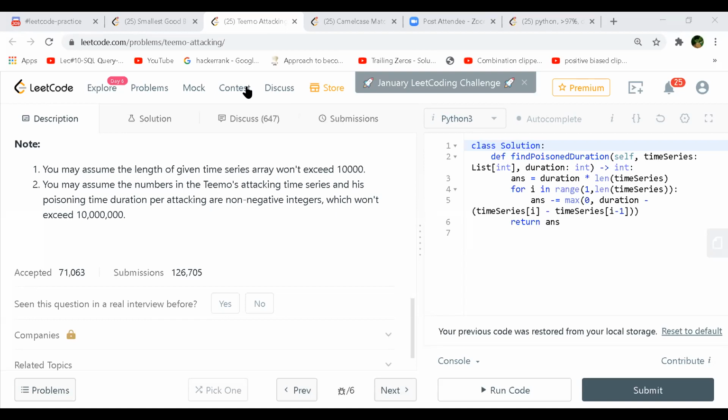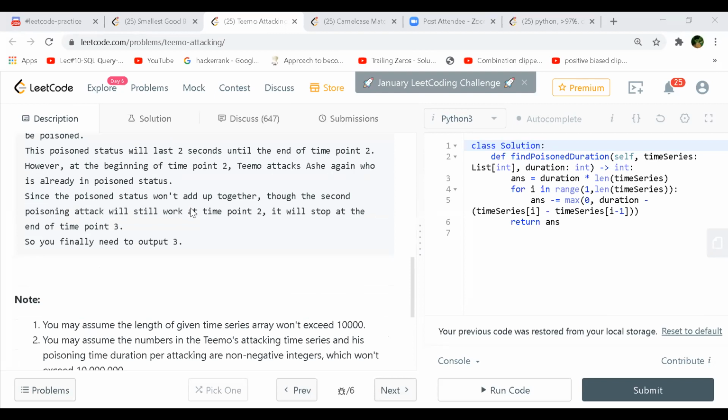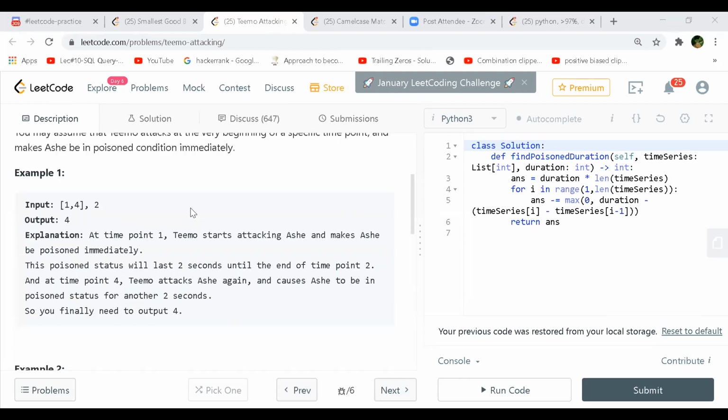It's like the way we were trying to solve examples 1 and 2. There is nothing much other than what we discussed, overlapping or non-overlapping. Only the two conditions. If we are able to understand and implement it the way we were discussing in O of n, then we are good, correct?